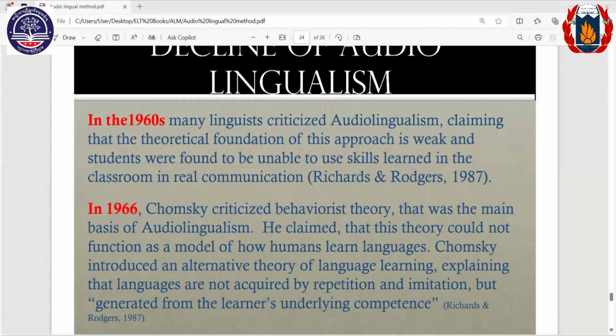This is also related to the audio-lingual approach, because students need to learn the usage and expressions accurately, and then they produce them again and again. By practicing again and again, it goes into their mind and is retained there for a long time.